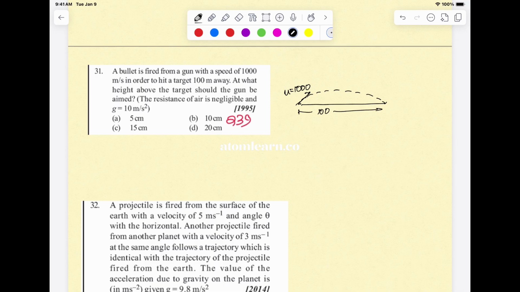It's the range. At what height above the target should the gun be aimed? That means this is theta. Extend it. The question asked is, what height above the target should that be?